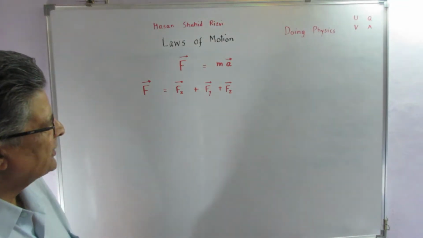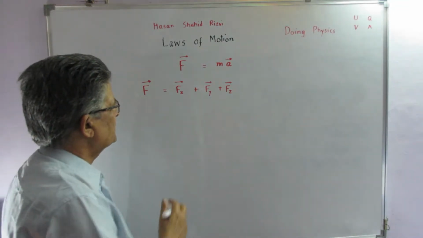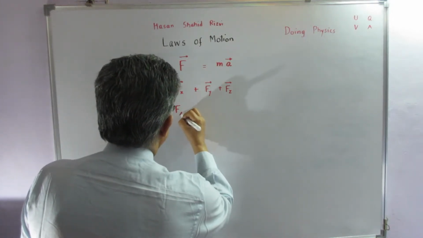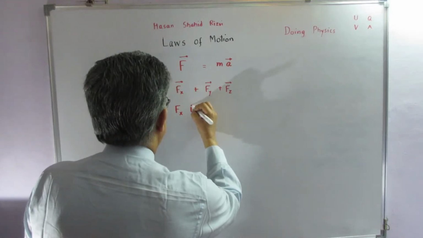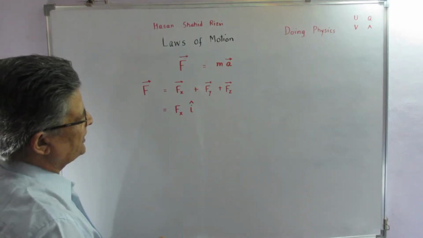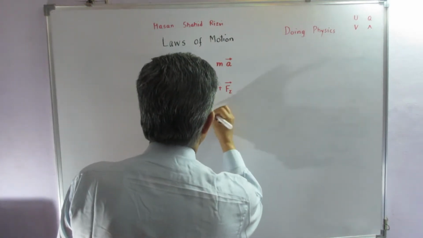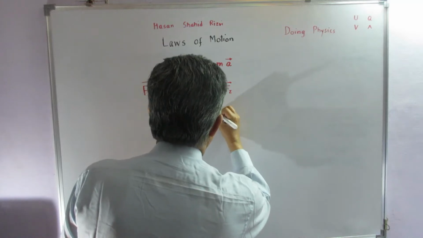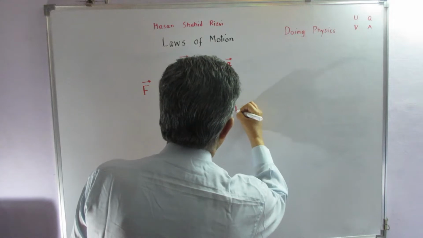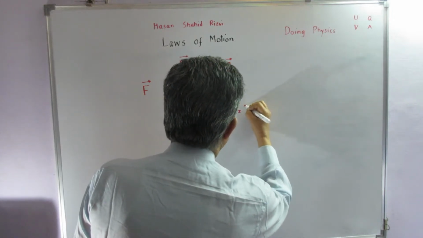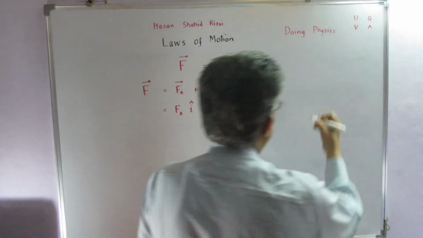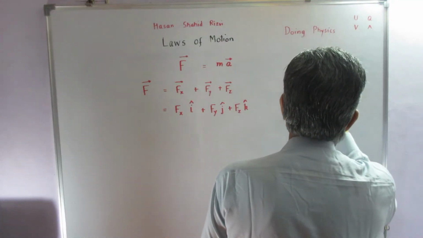So just to cater to that, I can write this as equal to Fx, which is the magnitude, and the direction vector in the x direction i cap, plus, as we have done earlier also, Fy j cap plus Fz k cap.